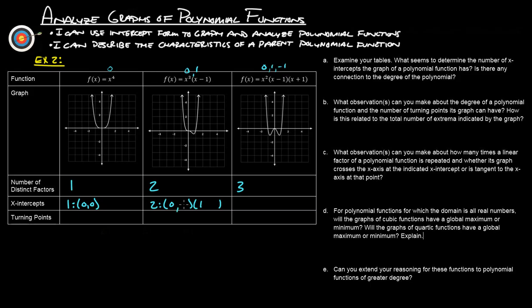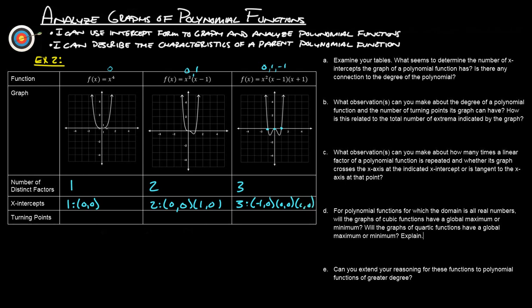So 0 looks like that's at 0, 0, and then 1 is also obviously going to be at 0. And then how many x-intercepts here? 1, 2, 3. And those are at negative 1, 0, 0, 0, and 1, 0, right?